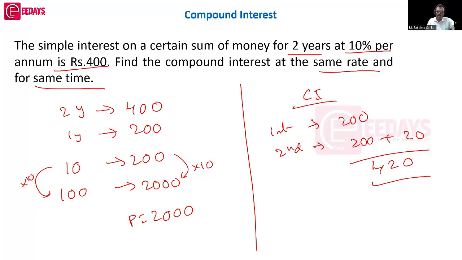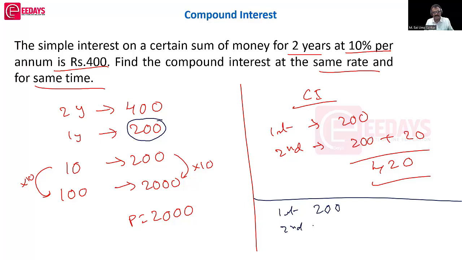But no need to solve all these things. A simple method is there. Just apply logic, just use your brain. It's very simple. What is the interest? 200 per 1 year. So first year 200. Second year, 200 same plus 10% of 200, that is equal to 20. So it is 420.